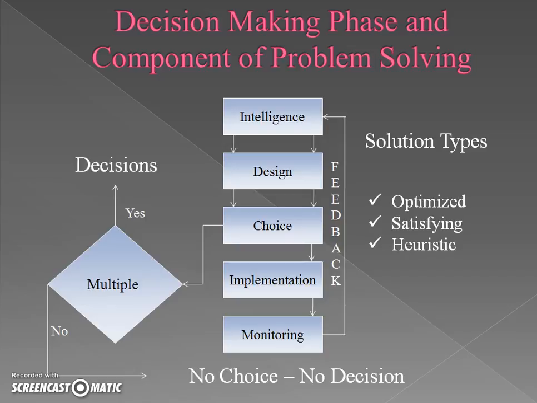Again, if something goes wrong, we have to provide the feedback from monitoring to intelligence. Remember one thing, if there are choices, there has to be a decision. If there is no choice, there is no decision. And we get different types of solutions which are generally based on three different approaches, and they are called optimized solutions, satisfying solutions, and heuristic solutions.